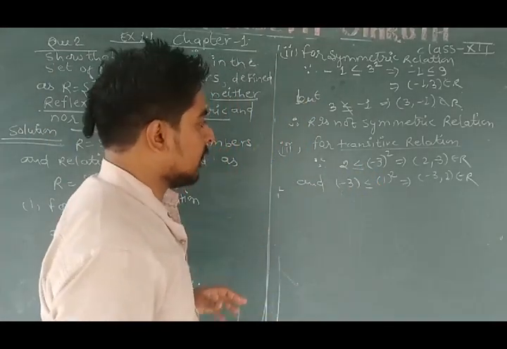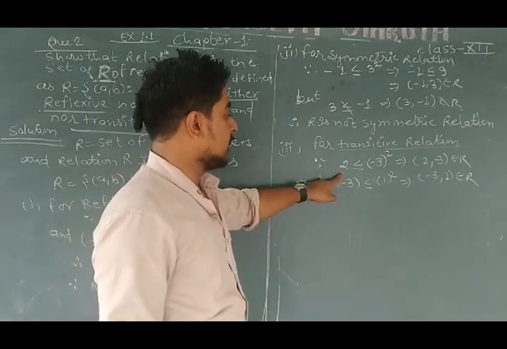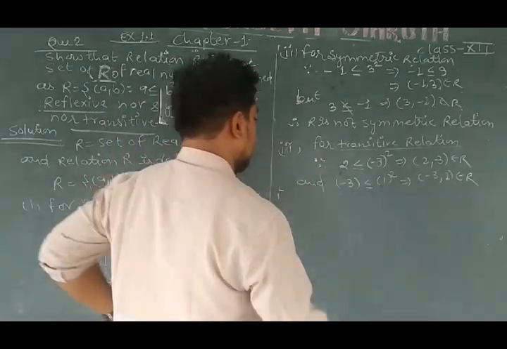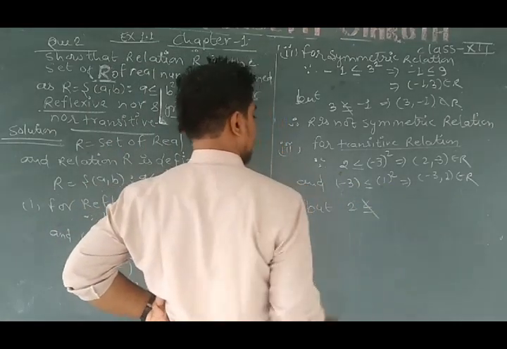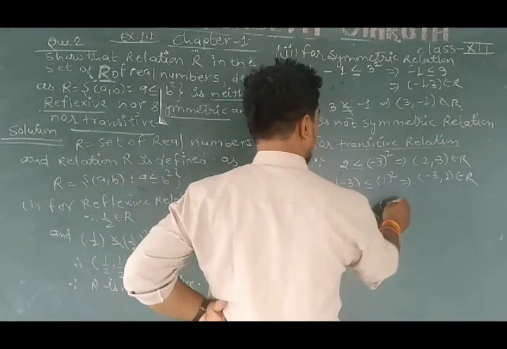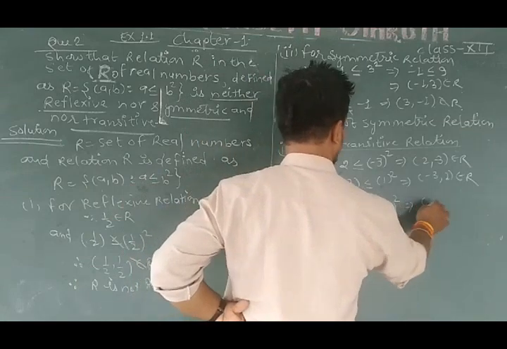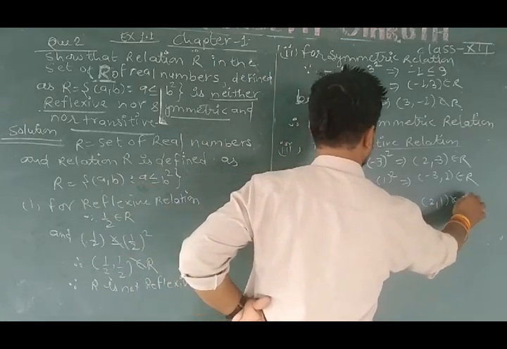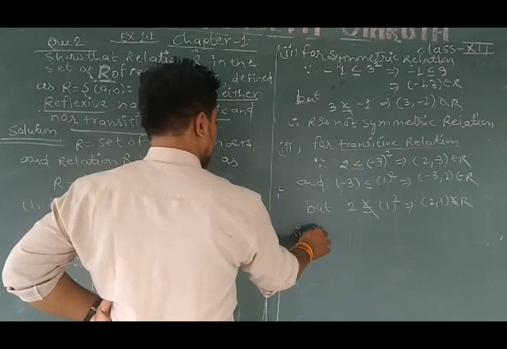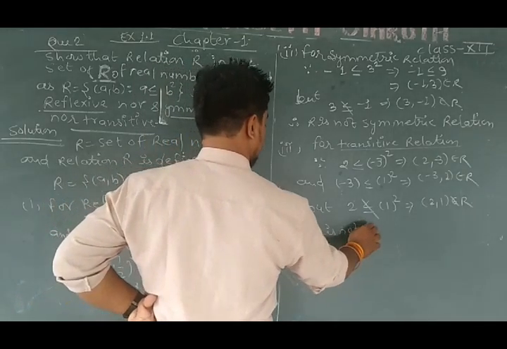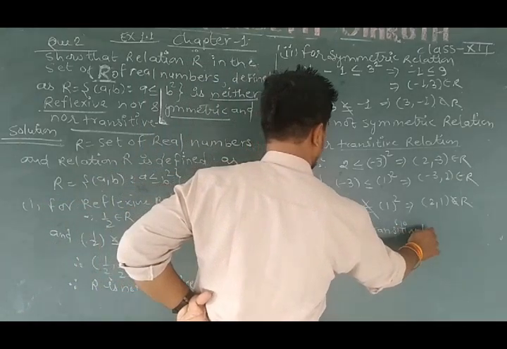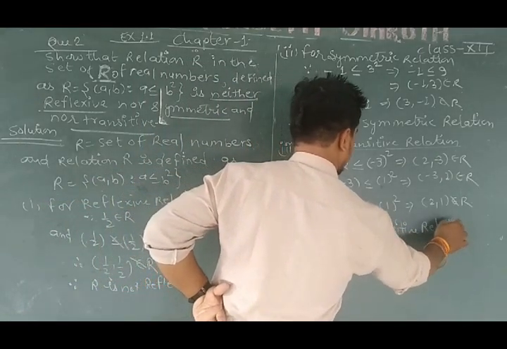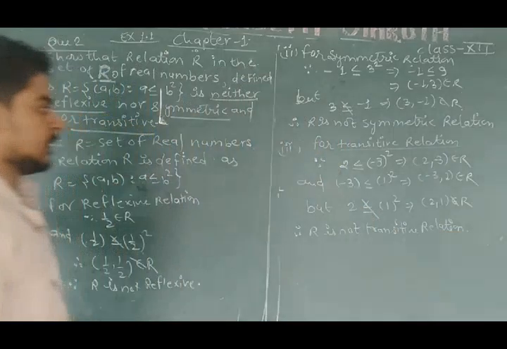If we talk about AC, then A must be less than or equal to C square. But here, 2 is never less than or equal to square of 1. Thus 2, 1 does not belong to R. Therefore, R is not a transitive relation.